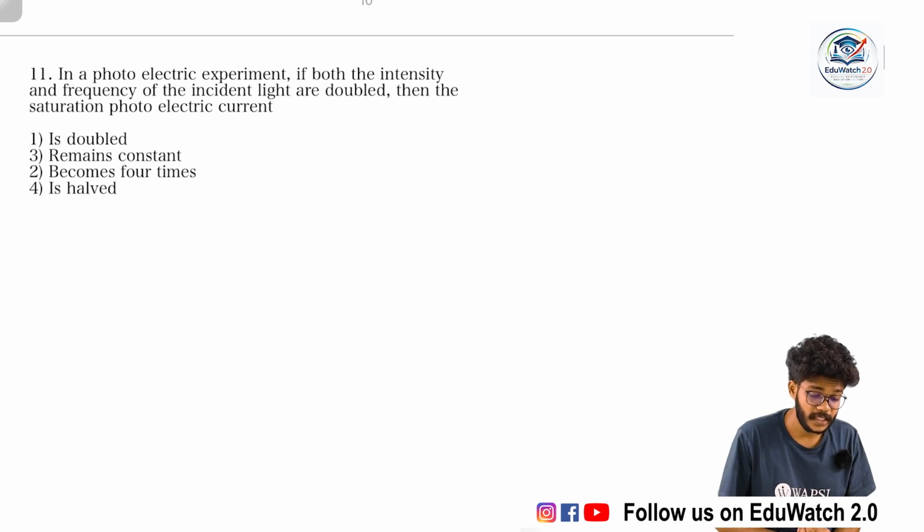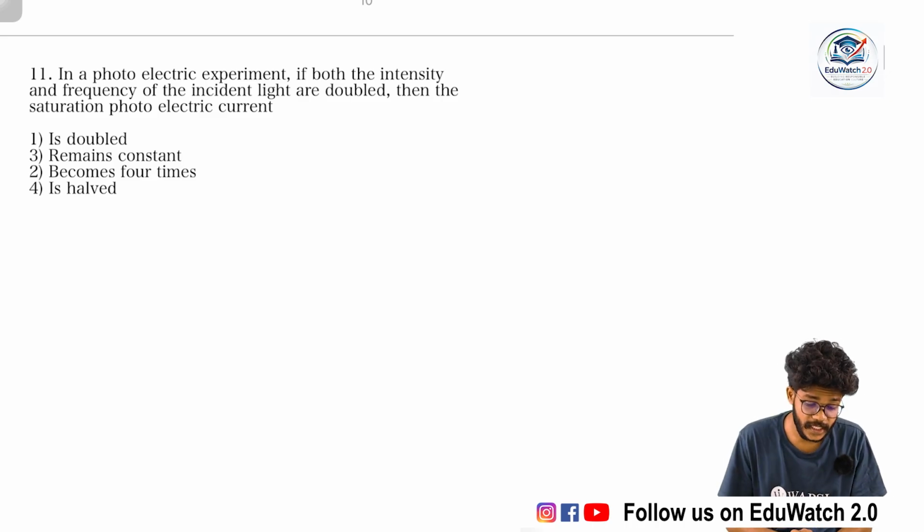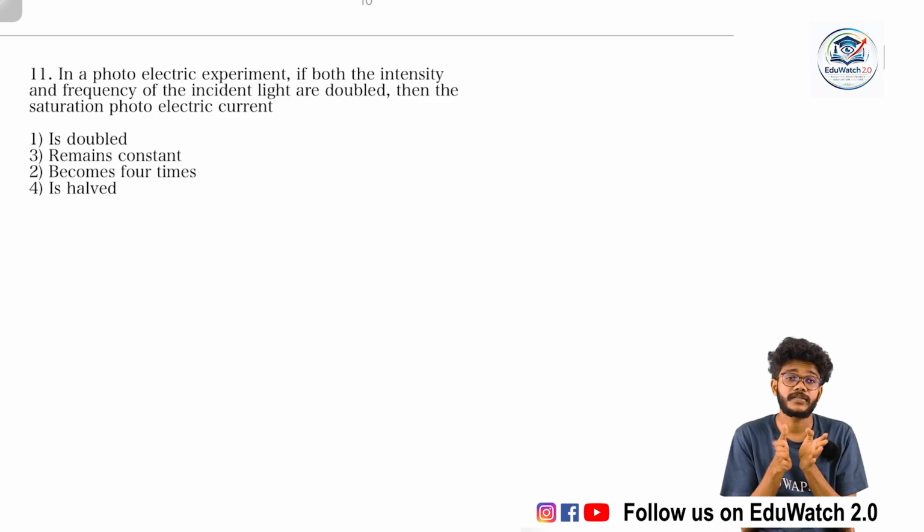In a photoelectric experiment, if both the intensity and the frequency of the incident light are doubled, then the saturation photoelectric current... which factor does the current depend upon? What is the saturation current?